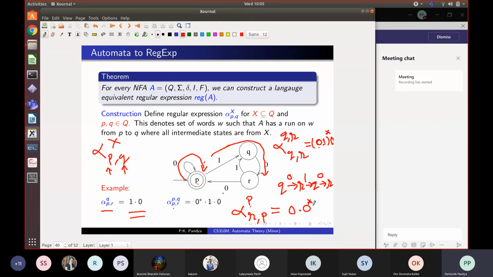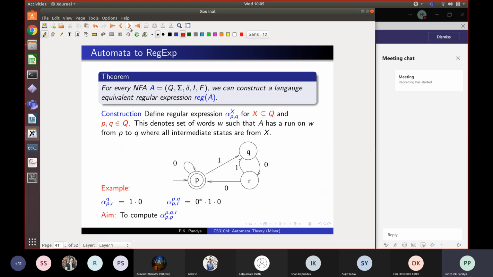So I think you're getting a little bit of what this entity P, Q, X denotes, right? Of course, we have constructed it by intuition on a given automaton. There must be a systematic way to compute it. But if we want to denote the language of this automaton, my claim is that this language is same as alpha PP.